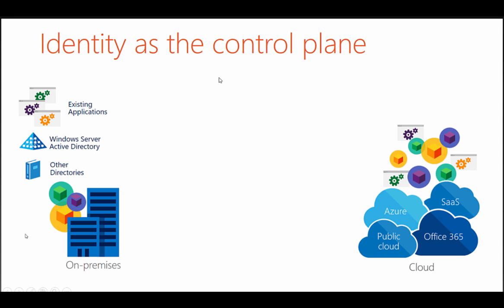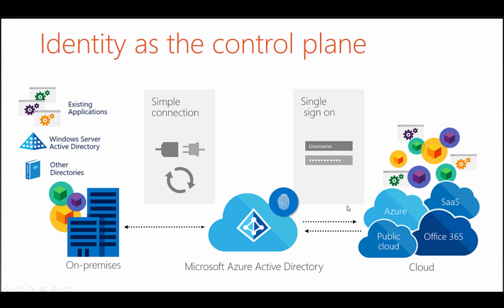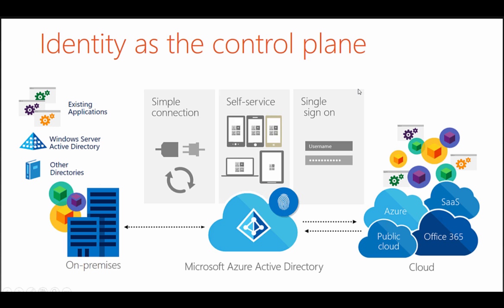Looking at our cloud investment, Azure, public cloud, Office 365, applications that are out there, potentially competing cloud solutions from a Microsoft perspective as well. And putting Azure Active Directory in between those two environments as a way to provide a simple connection, a single sign-on so that users are not constantly having to use different usernames and passwords, and a way to provide that self-service capability.